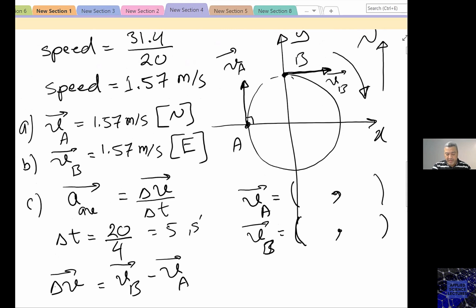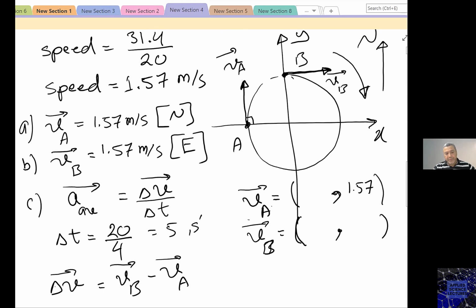Don't look at the radius as the same length as the velocity, right? They're not. Well, my VA has two projections, X and Y. Focus on that vector. For Y, it's going to be 1.57. Excellent, 1.57. What about the X? Negative 4.99? Come on.